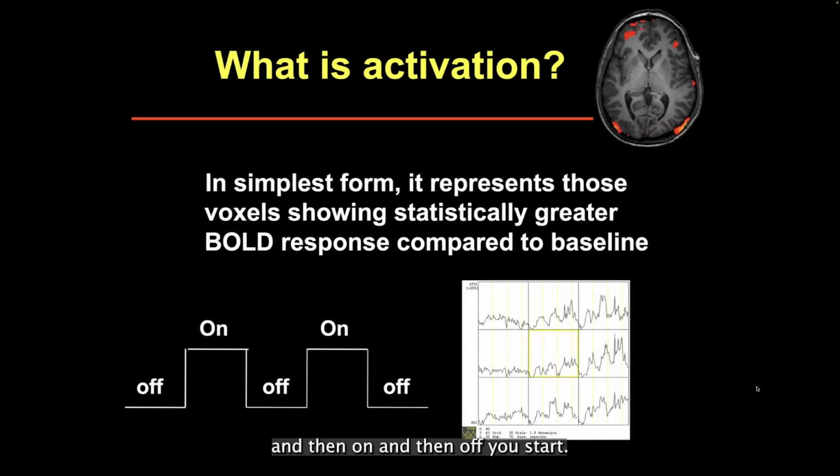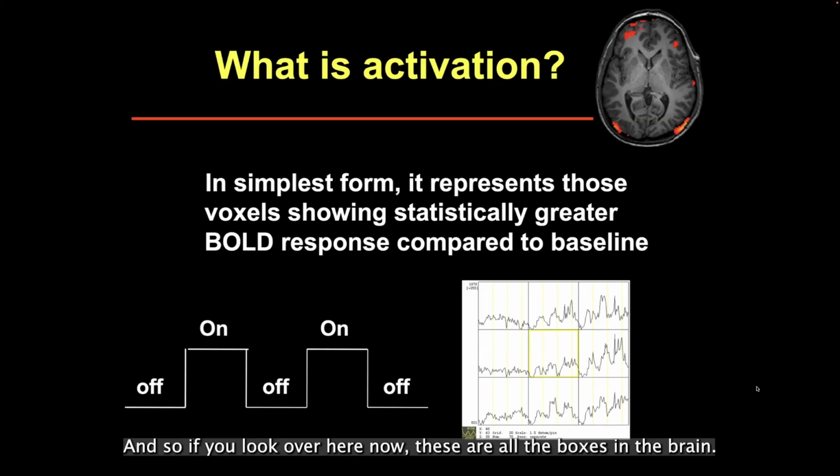Then on, and then off, you stop. We know what the timing is: you were not tapping your fingers, then you were, then you weren't, then you were. Now we're going to look across the entire brain for where there were blood flow changes that seem to match this timing.